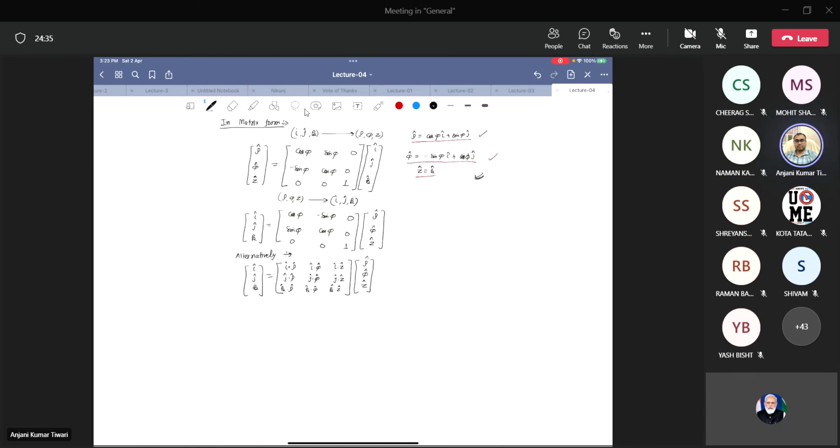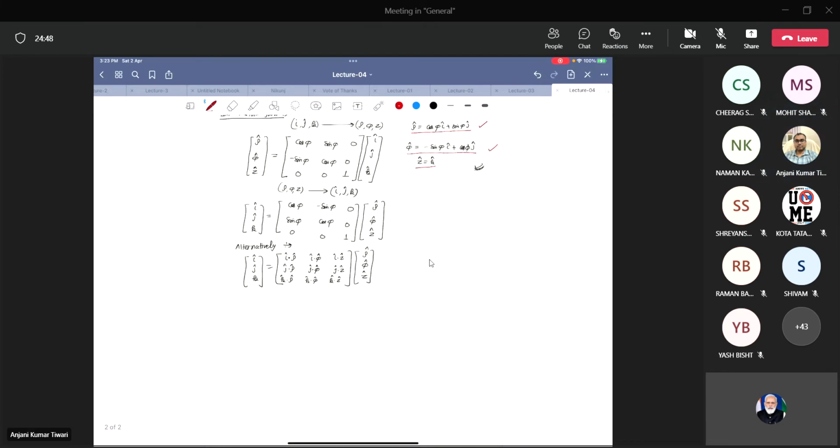And then I said even the components of the vector transform the same way. So let me rewrite that. The same thing will be here. Now we are talking about components, not the unit vectors.